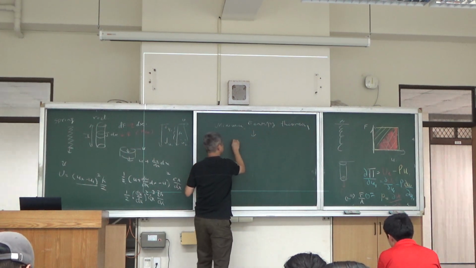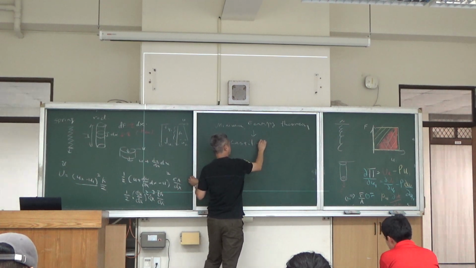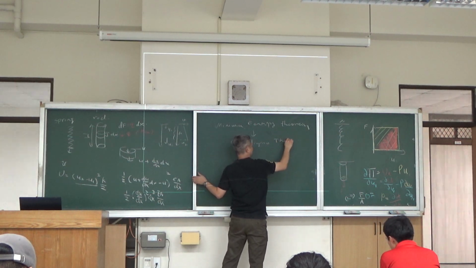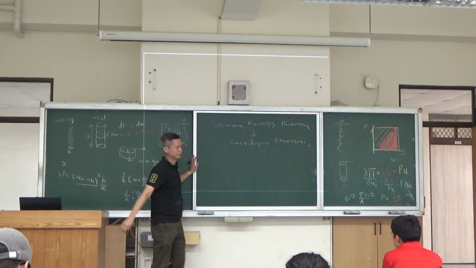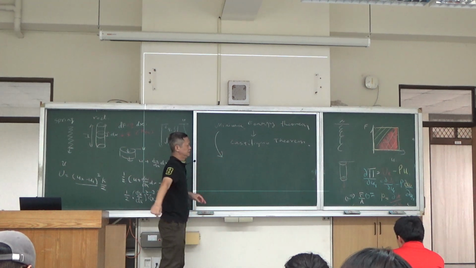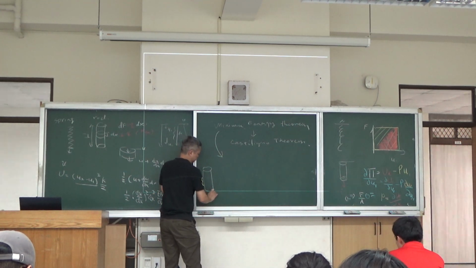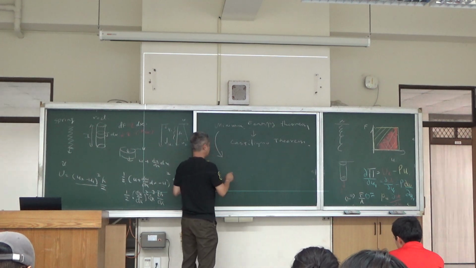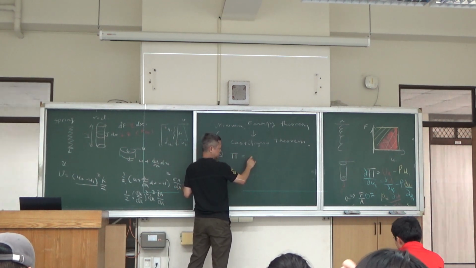If it can reduce to the Castigliano theorem, why do I do this extra step? Okay? The whole reason here is your minimum energy theorem does not just account for the tip load.